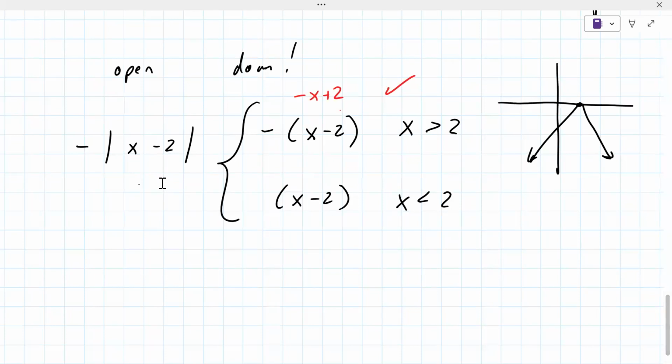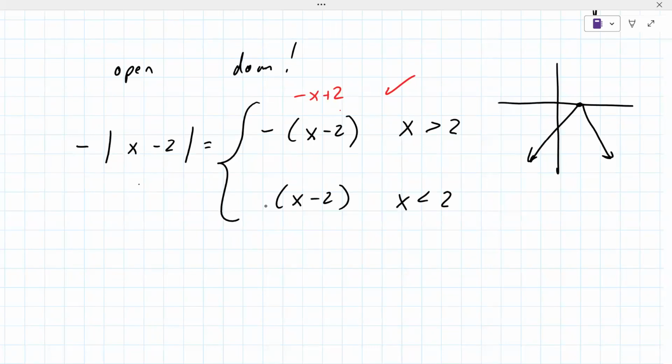So, full disclosure, the one to the right of the breakpoint, the vertex, is always itself without the absolute value. The one to the left is the negation of it. Got it.